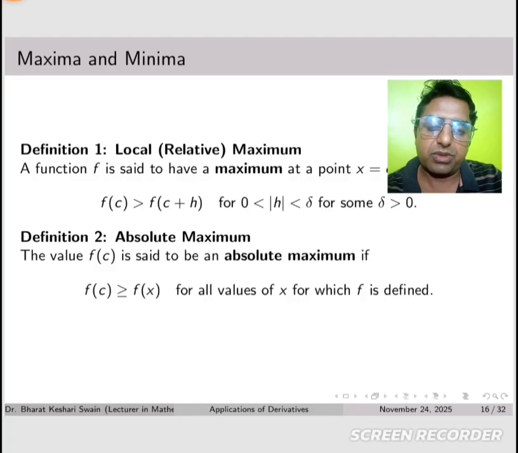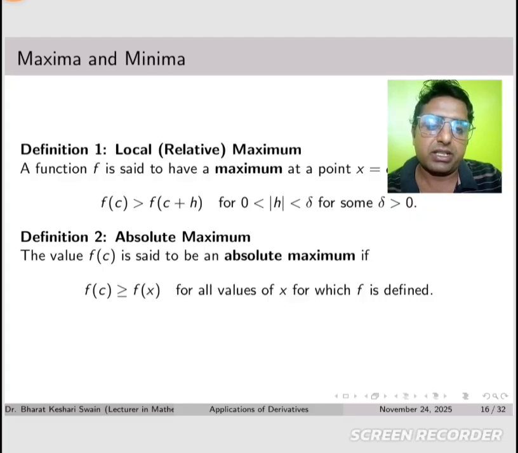Up to now, what we learned is how to find the rate of change of the area of a square if a side is given, the rate of change of the volume of a sphere if its radius is given, and if displacement is given, how to find velocity and acceleration.